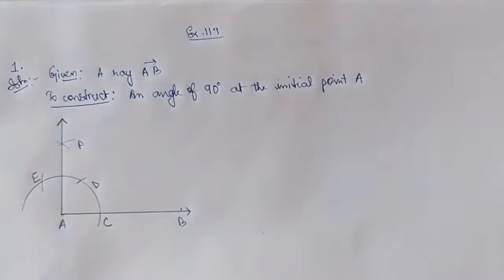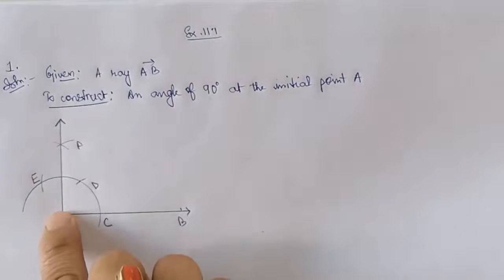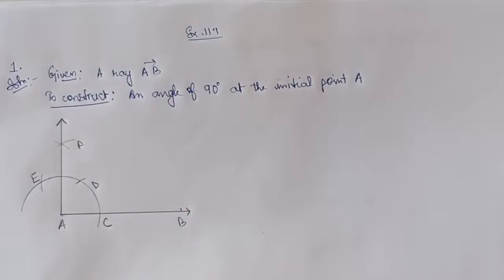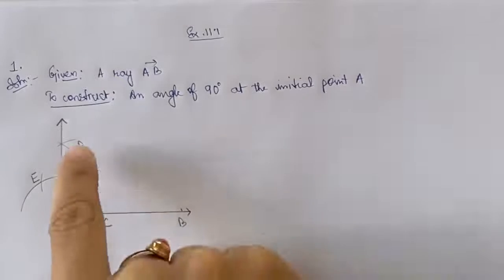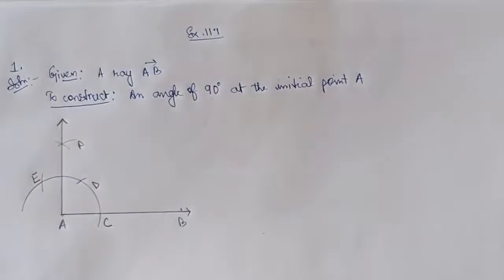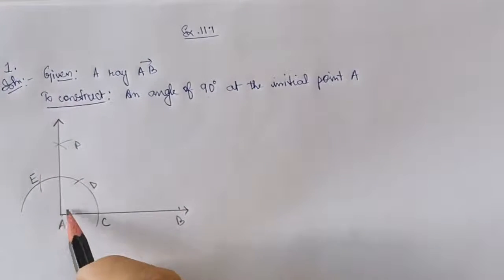Then AF will be our required perpendicular line at the given ray AB, and also the angle BAF will measure 90 degrees.